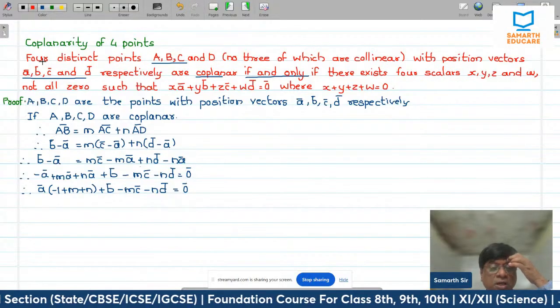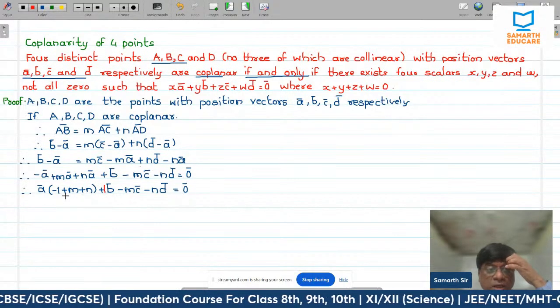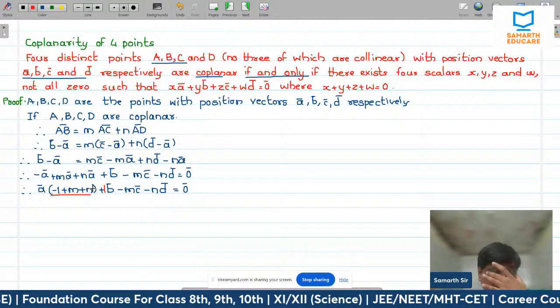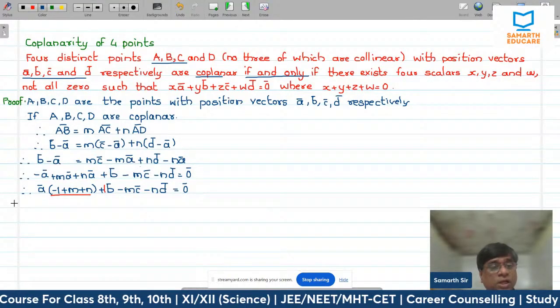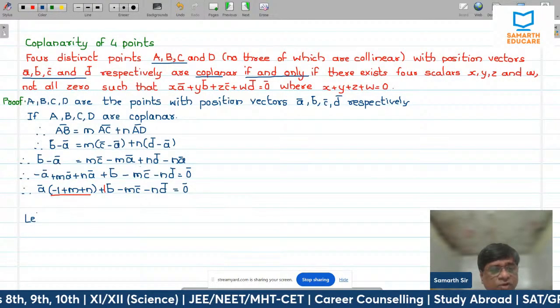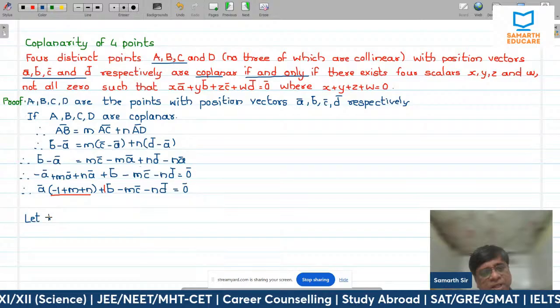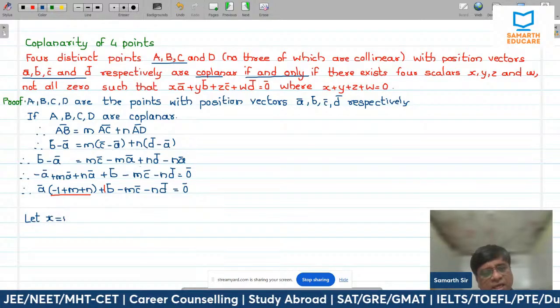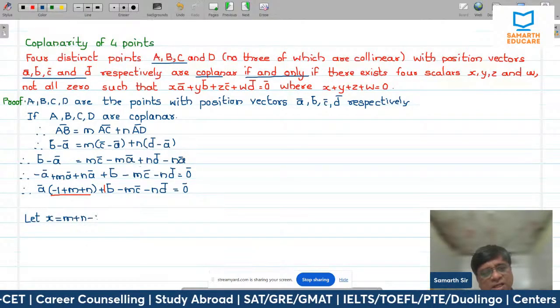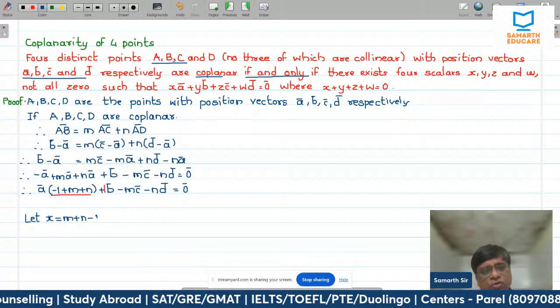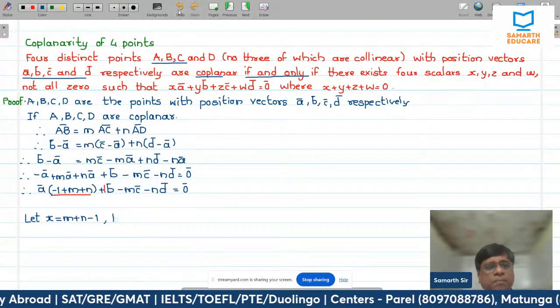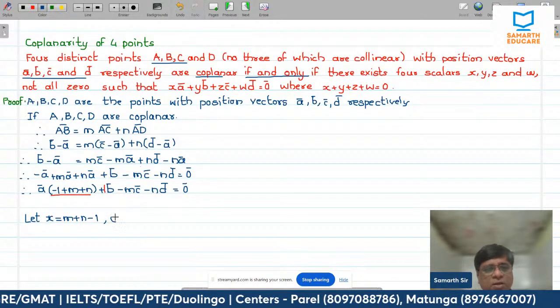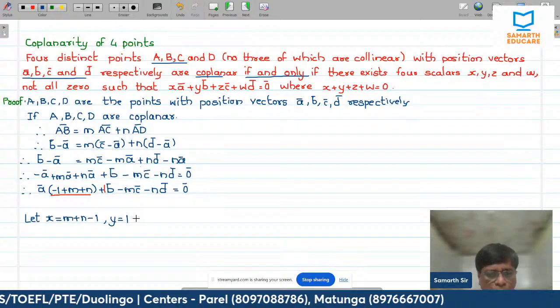Observe this, the coefficient of B is 1, the coefficient of A is this. Okay, now let me say that the coefficient of A bar, I write it as x, which is m plus n minus 1. The coefficient of B bar is 1, which I am writing as y.